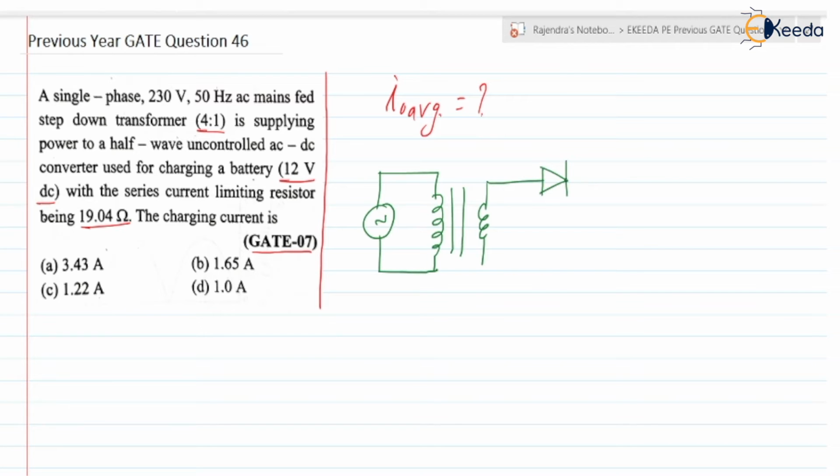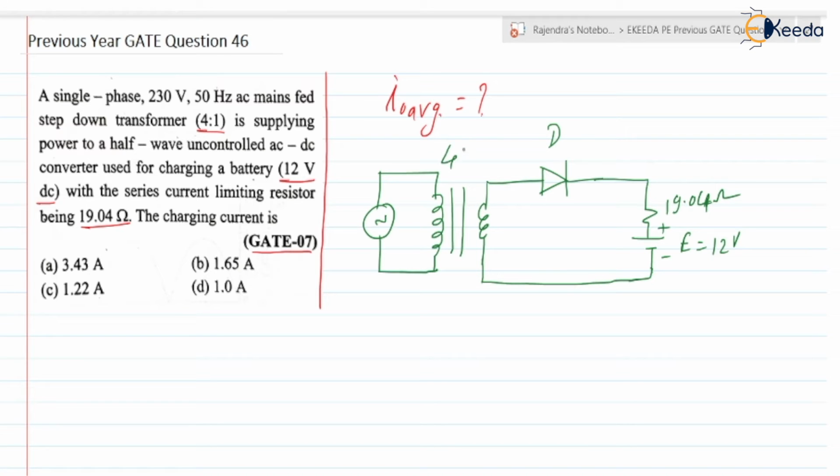On the secondary we are having a diode because it is an uncontrolled rectifier and it is a half wave. Here it is a current limiting resistor, and here it is a battery, the battery E equal to 12 volt, and the resistor value is 19.04 ohm. This is the diode we are having.